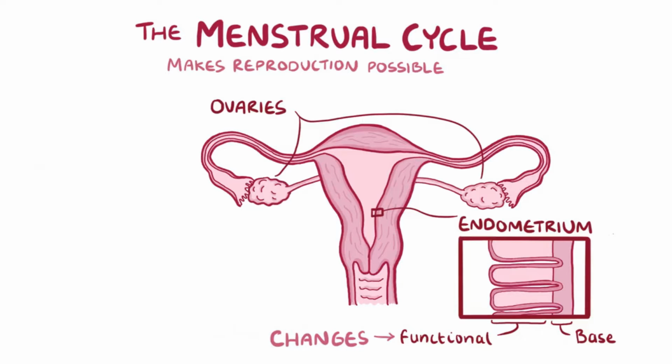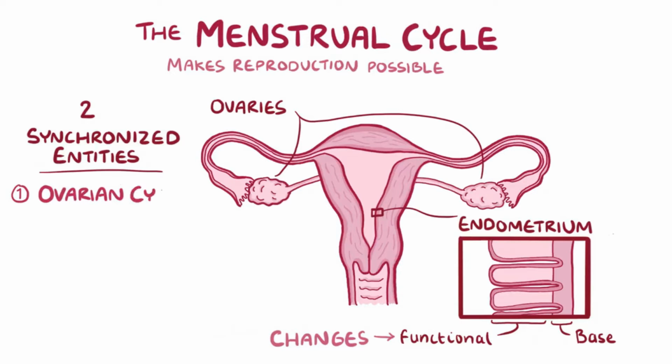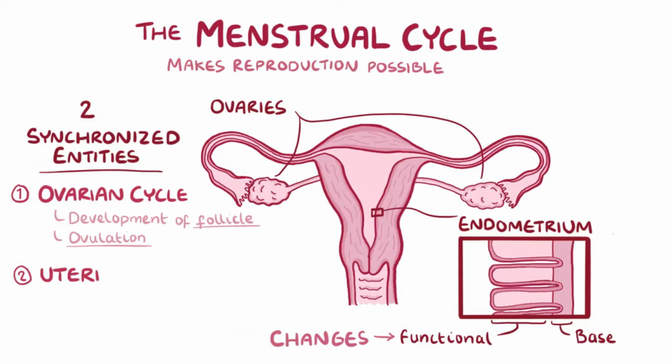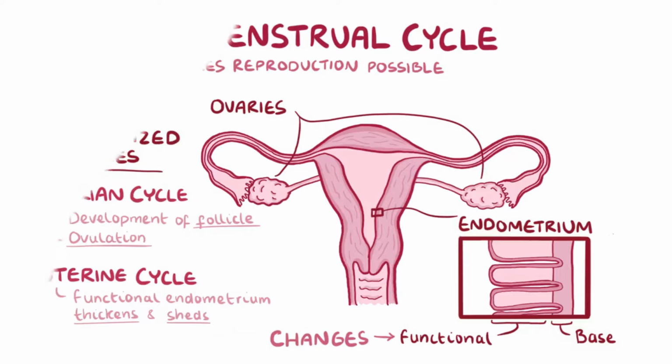The menstrual cycle actually consists of two interconnected and synchronized processes. The first one is the ovarian cycle, which centers on the development of the ovarian follicles and ovulation, and the uterine or endometrial cycle, which centers on the way in which the functional endometrium thickens and sheds in response to ovarian activity.